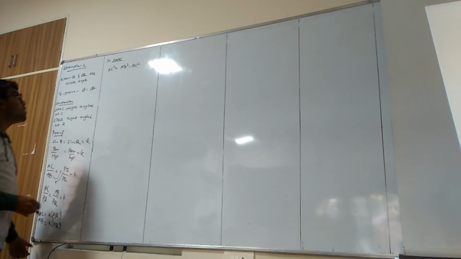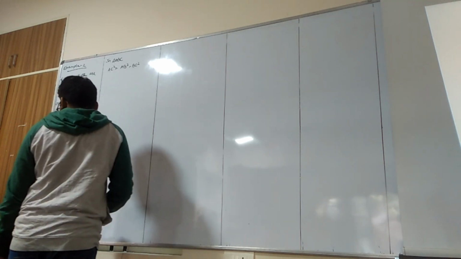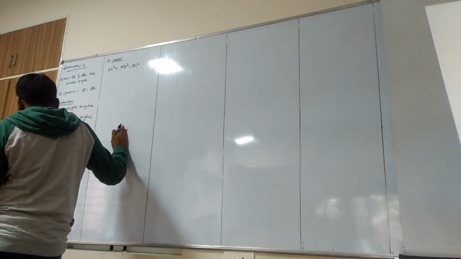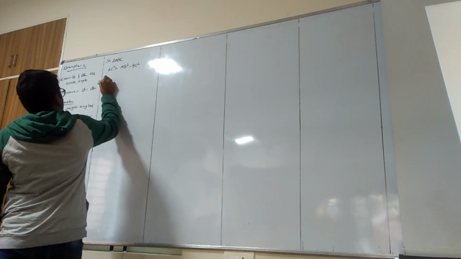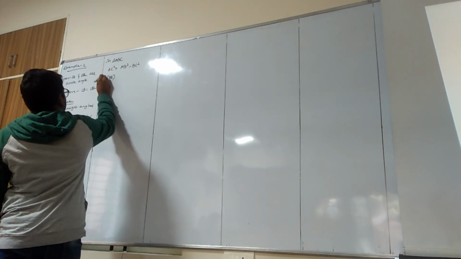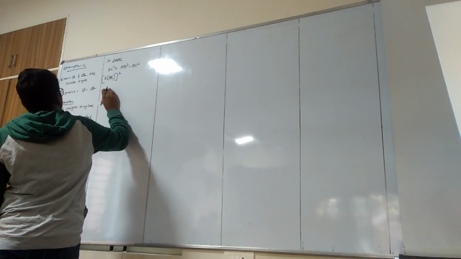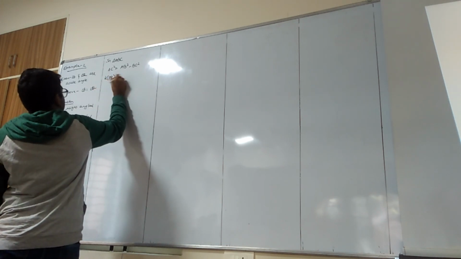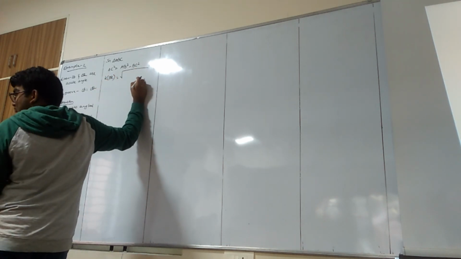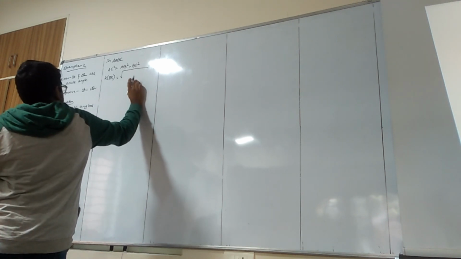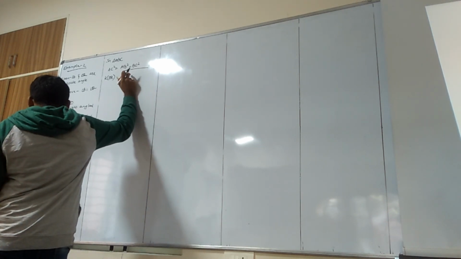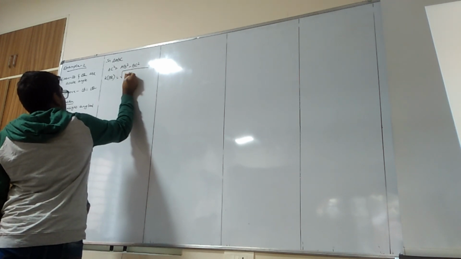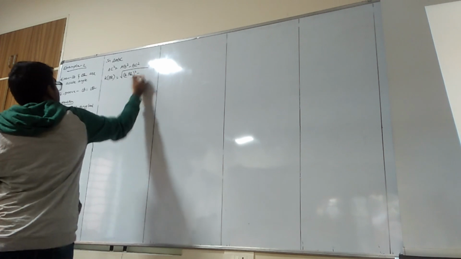So AC, what did I write? K times PR is equal to root of, I take the square root this side, AB I have here as K times PQ the whole square minus BC.